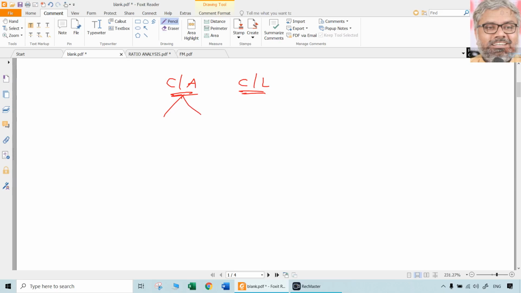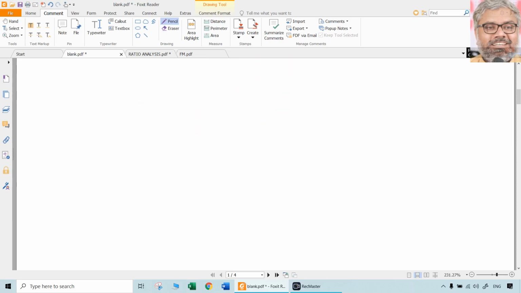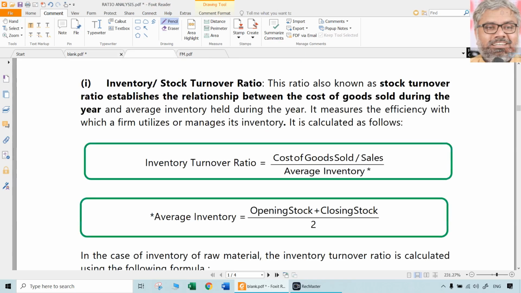Cash we don't take separately for the turnover ratios. We take inventory turnover ratio, which you should already know. And now another ratio is debtors turnover ratio or receivables turnover ratio. Current liabilities majorly indicates only creditors turnover ratio. So the same working capital turnover ratio can be further classified into 3 more sub ratios.